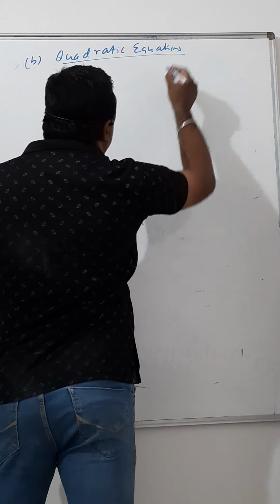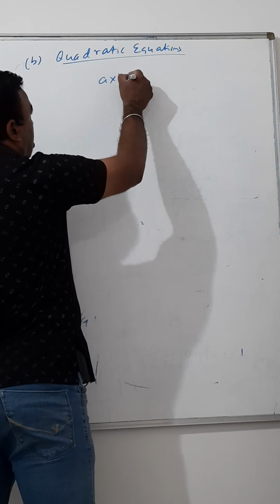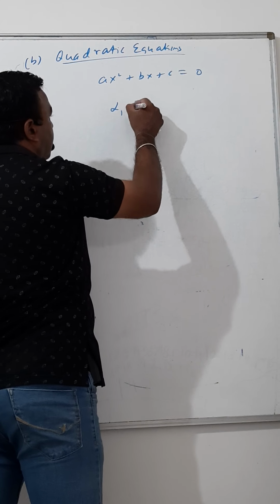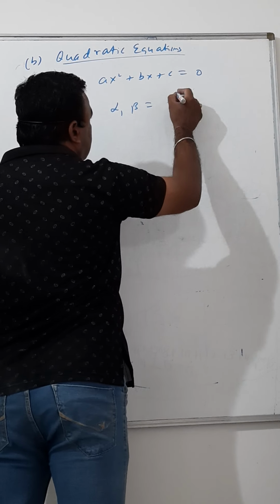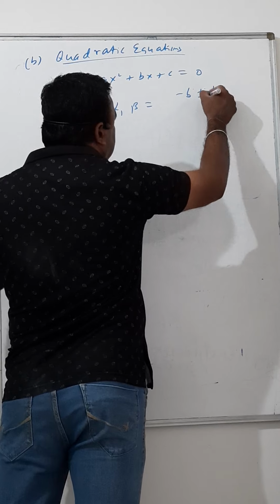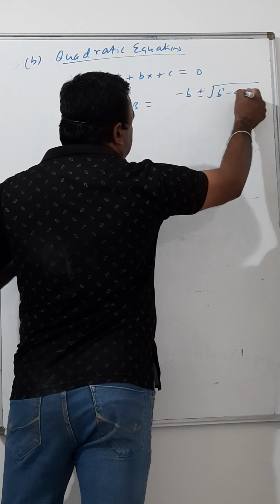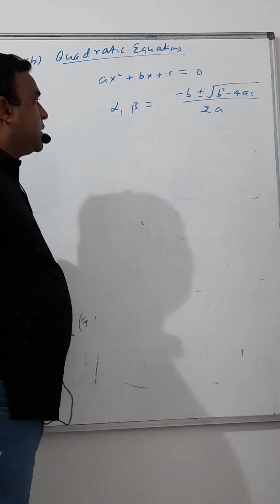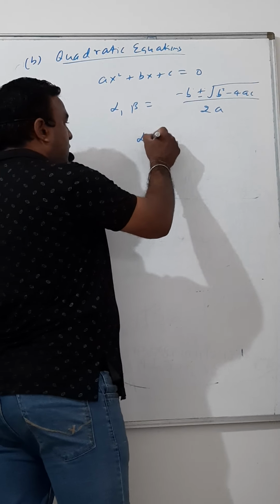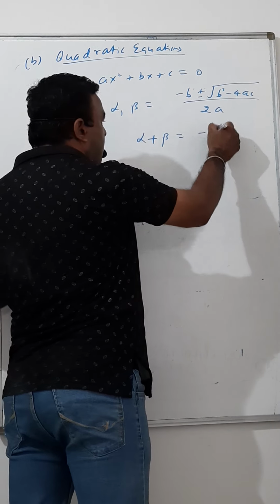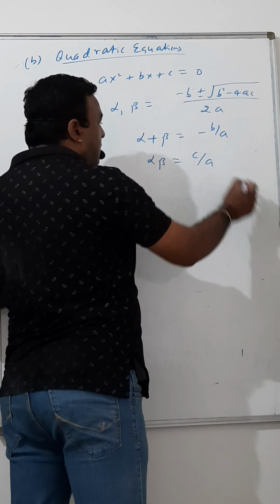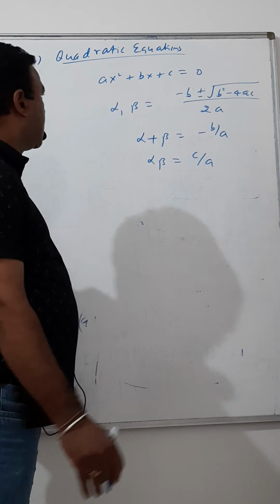You are very well aware of it. ax square plus bx plus c equals 0, roots alpha and beta are minus b plus minus the square root of b square minus 4ac, upon 2a. There are two roots. The sum of these two roots is minus b by a, and the product is c by a.